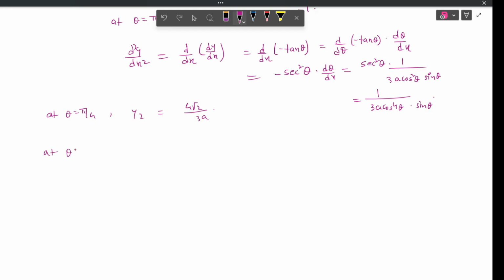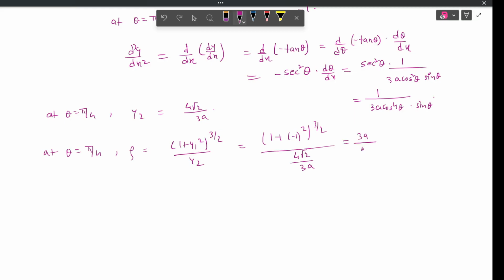So at theta equals pi by 4, what is the radius of curvature? We know the formula, 1 plus y1 square to the power 3 by 2 by y2. So it would be 1 plus minus 1 square to the power 3 by 2. We know the values of y1 and y2, divided by 4 root 2 by 3a.